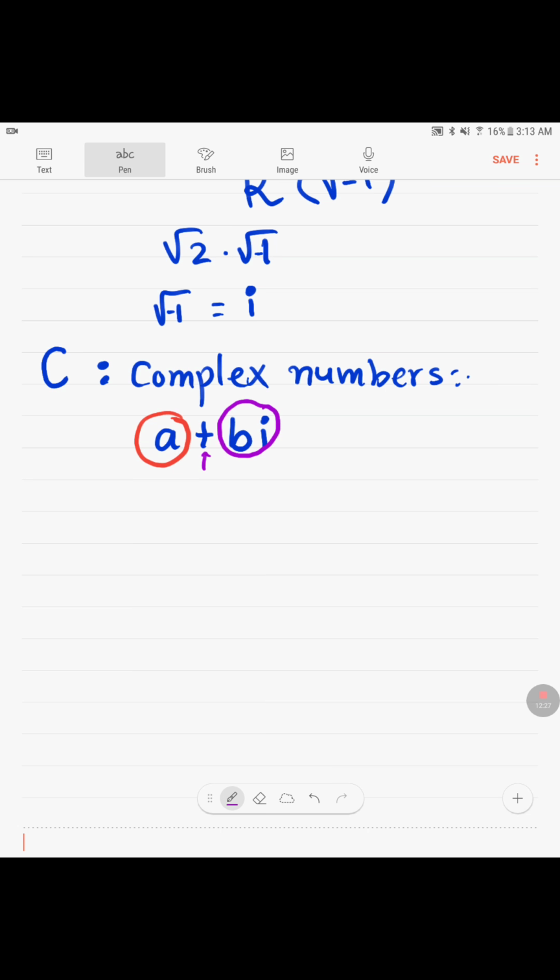Now the next set, just for curiosity, is a set of numbers called hypercomplex numbers. Hypercomplex numbers include, but are not limited to, a set called quaternions.